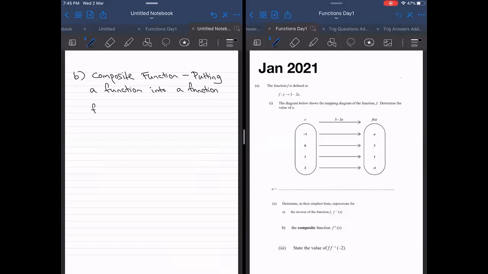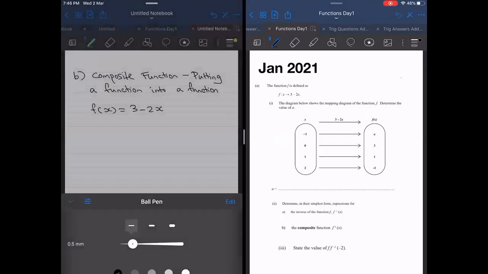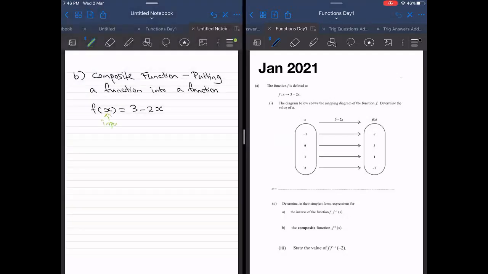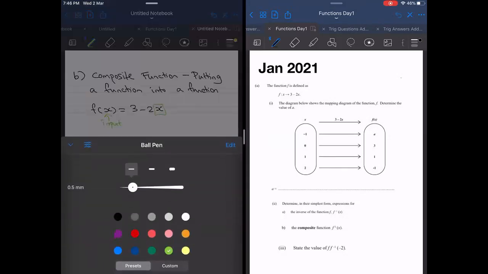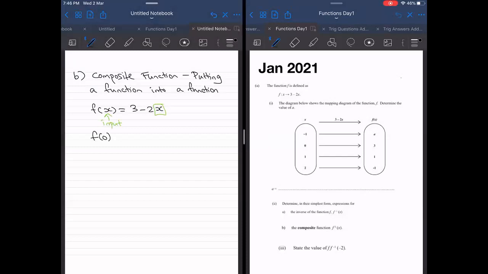For example, remember when we had f of 0. Start with f of x. We said that f of x was 3 minus 2x. And remember we said whatever is in the brackets, that's the input. So when we had f of 0, that was signaling to us that we wanted to input 0. So wherever I see x, I put 0.